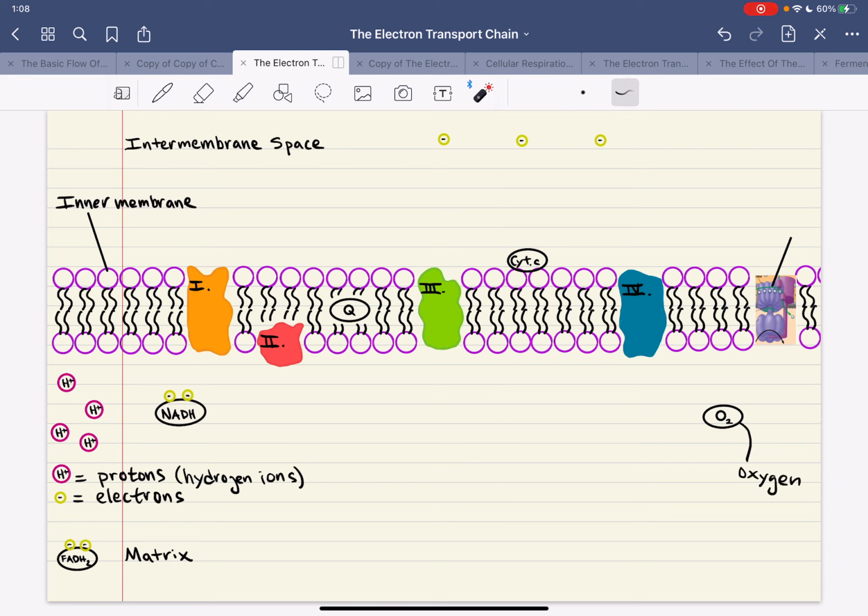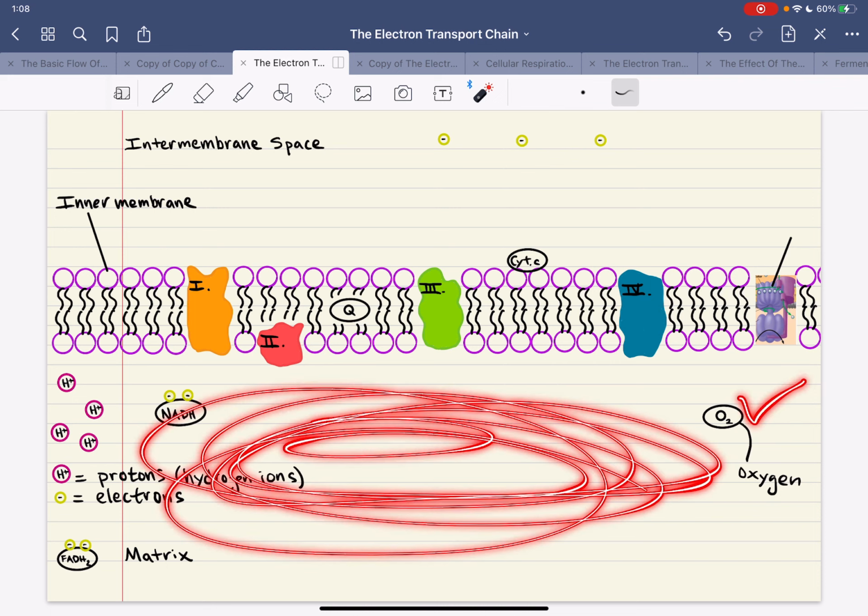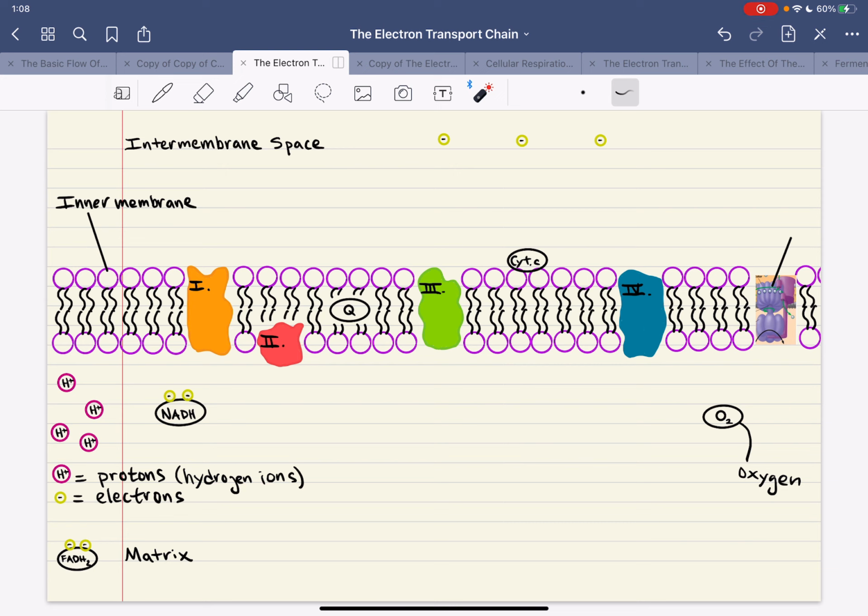And you have a bunch of oxygen inside your matrix. So when you breathe in oxygen, it diffuses from your lungs into your bloodstream. It is transported by a protein called hemoglobin and then dispersed to all of the cells in your body.